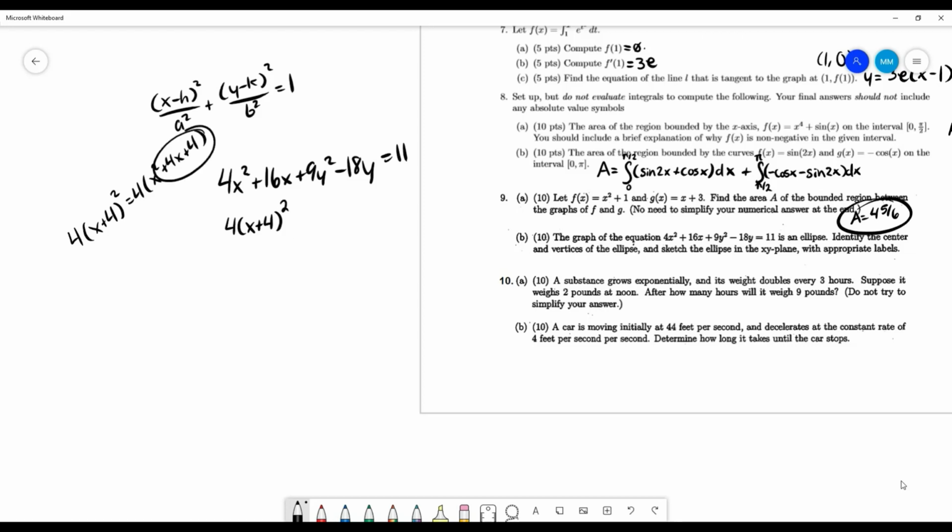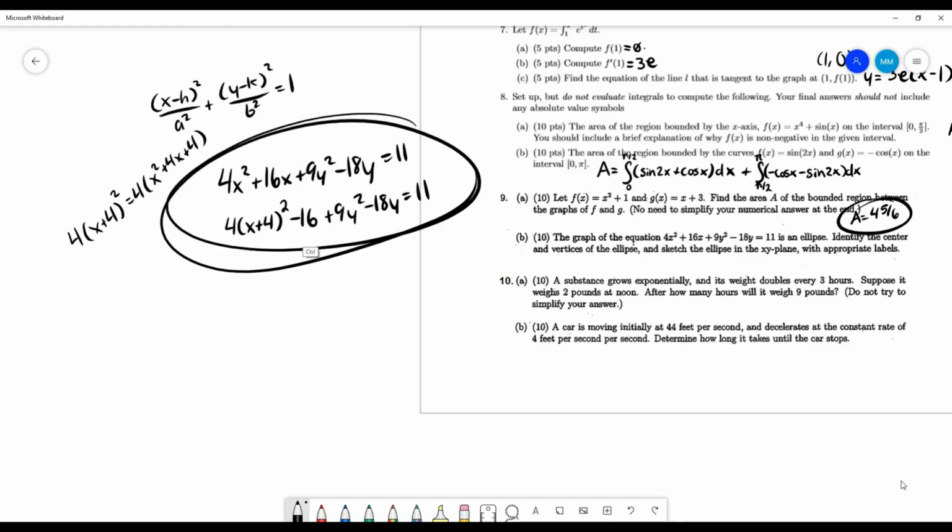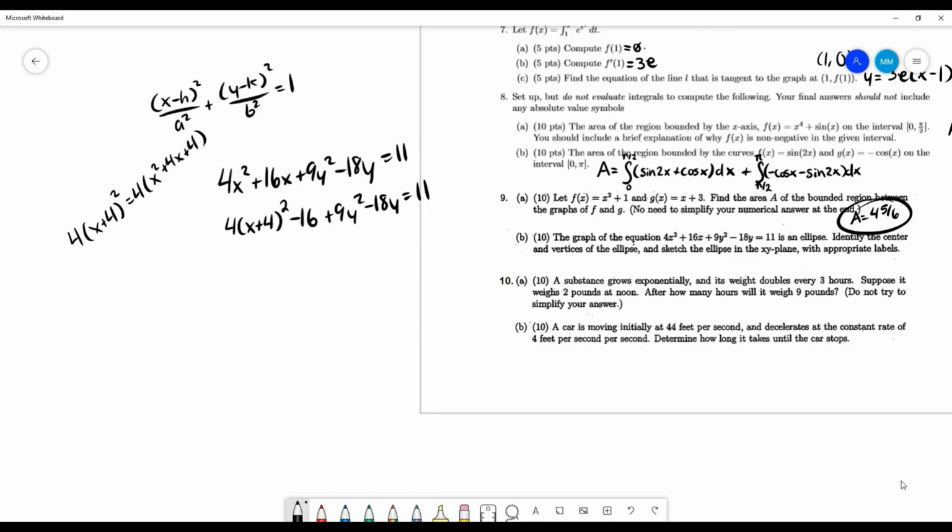And so, of course, if this brings us a 16 that we don't see in here, we're going to have to subtract that in order for this to stay equal. So now this should be the same thing, right? And I subtract that 16 to compensate for the added 16 right there. Now I'm gonna just move that 16 over there, actually, just to make it a little easier to deal with. So that becomes a 27.